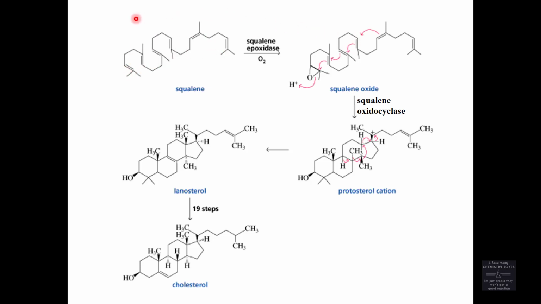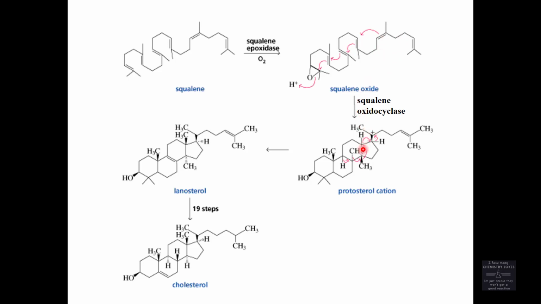Squalene was long and stretched out in our previous picture, but now it's all bundled up like this so that we can more easily say when squalene epoxidase, an enzyme that turns this alkene down there into an epoxide, goes through this cascade-looking reaction biologically, crazy, I know, to give you a carbocation up there. When you draw all those arrows, this carbon is going to end up positively charged.